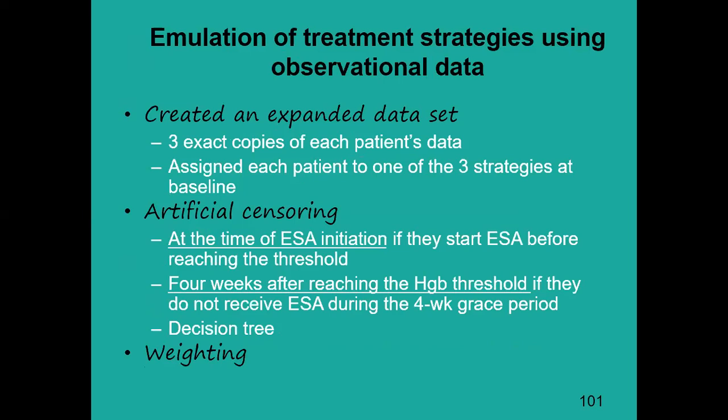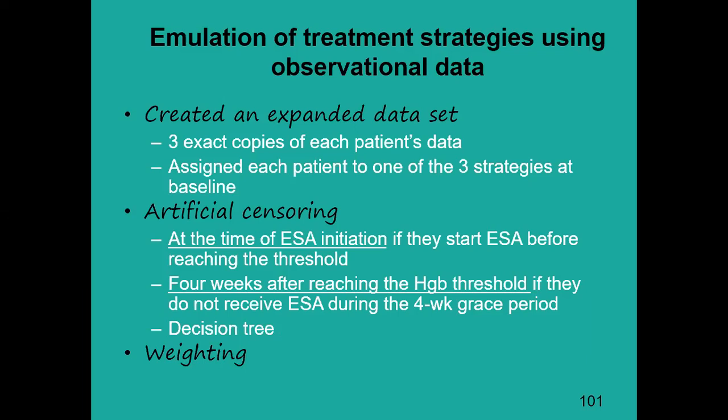Again, we're doing the 3 steps because we're using the IPW approach, analyzing dynamic treatment regimens. The 3 steps: cloning, artificial censoring, and weighting. For the first step, we created 3 exact copies of each patient's data. For artificial censoring, we need to do exactly what we did last time, which is that decision tree.